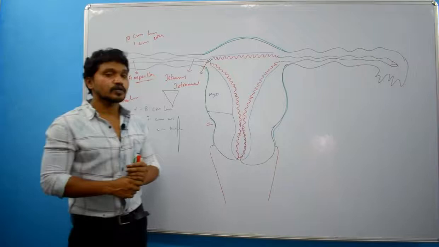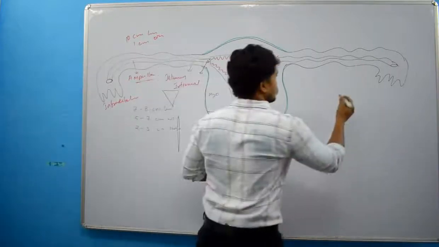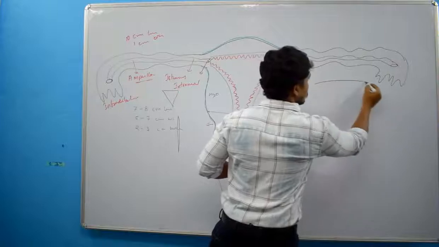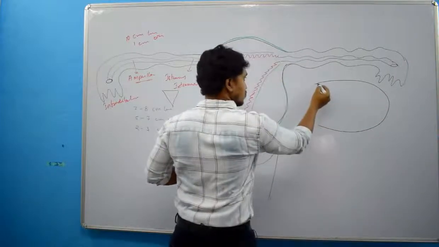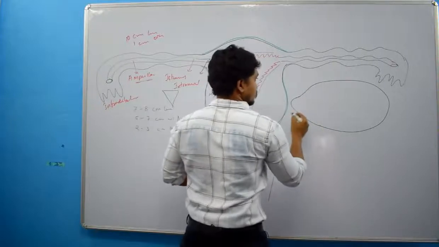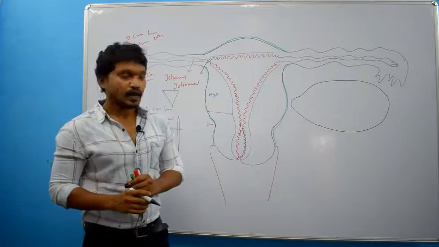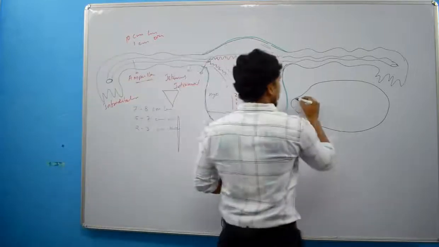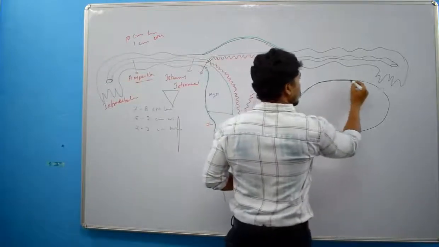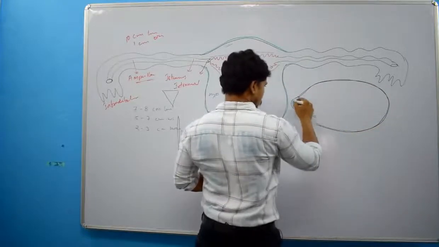After the fallopian tube, we have to discuss the ovary. The ovary is the female gonad, and the ovary is surrounded by a white connective tissue layer, but I am drawing with black color.